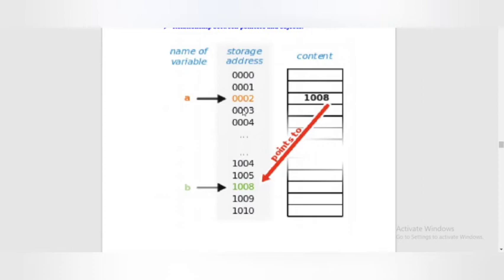That is a computer-generated address that we cannot remember, and it could start from 000, 001, 002. For example, in this context we have declared a variable called A, and its storage address is 0002. And what is the content? 1008. So it can have some values. In this context, the variable name is A, the storage address is 0002, and it includes a content of 1008.